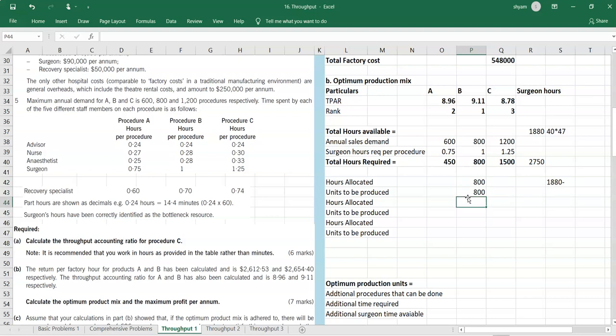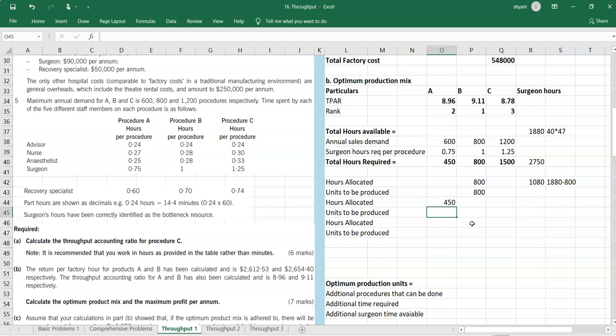So how many hours will we have as balance? We will have 1080 hours available. Next, we can allocate it to A. A requires 450 hours. We have 1080, so can we give it? The answer is yes.